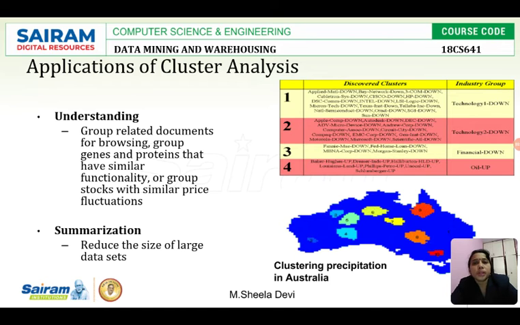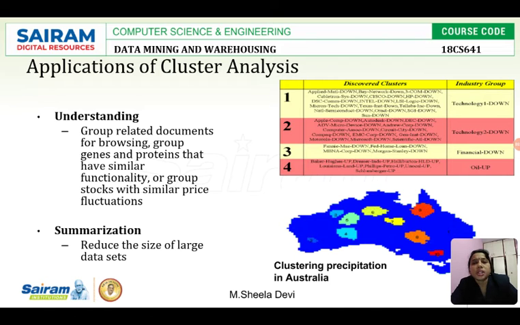What are the applications of cluster analysis? It is used to group the related documents for browsing, as we said already in module 2. So whatever the words related to data mining will be grouped under the topic data mining and warehousing.